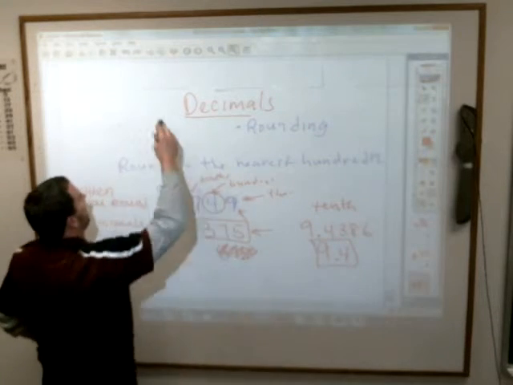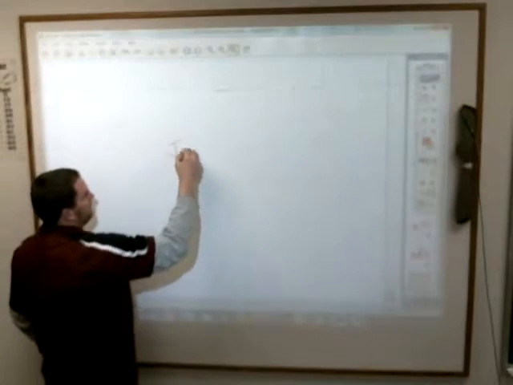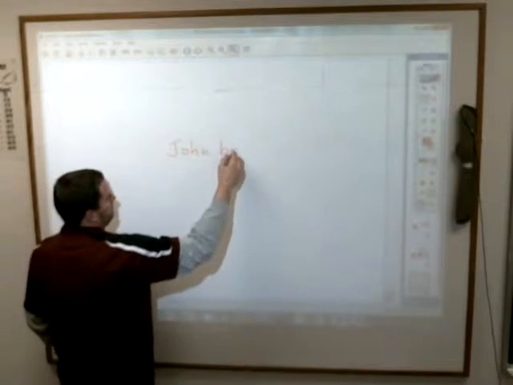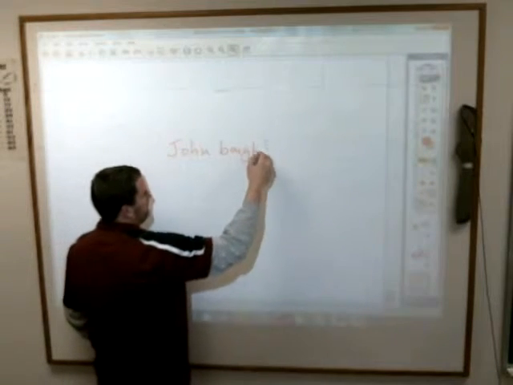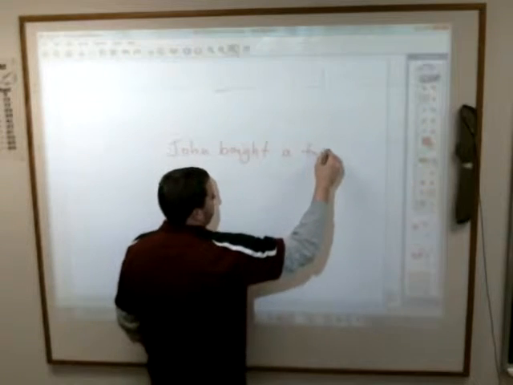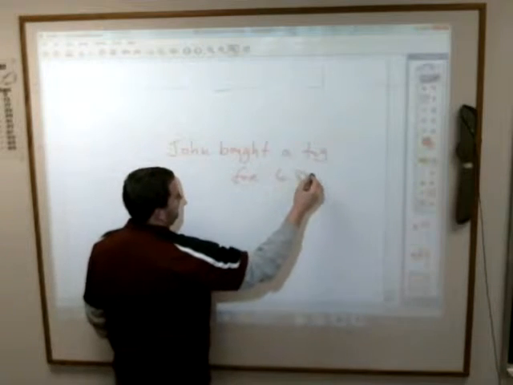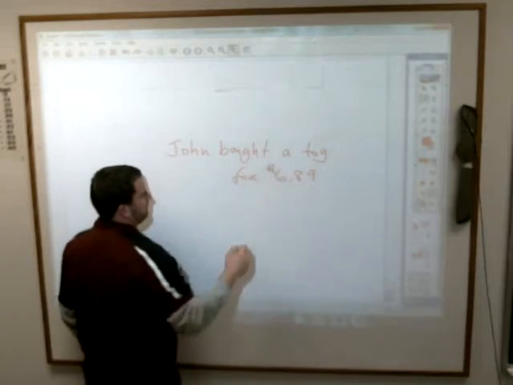Okay. Now, a little example problem here. By the way, sometimes we do this. Let's say John bought a toy for $6.89. And this is actually true.